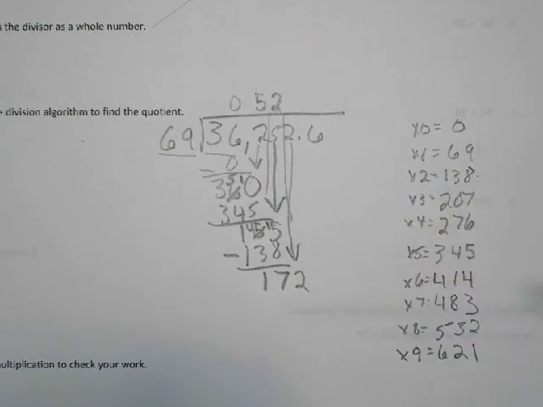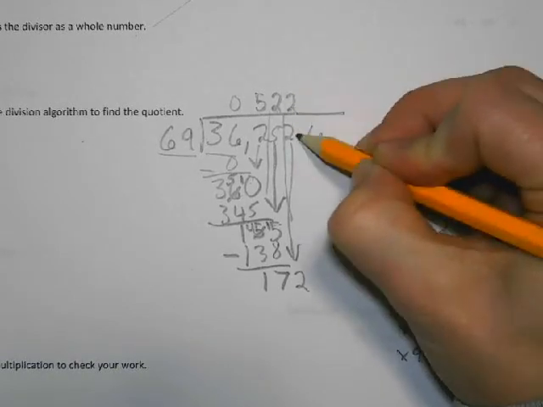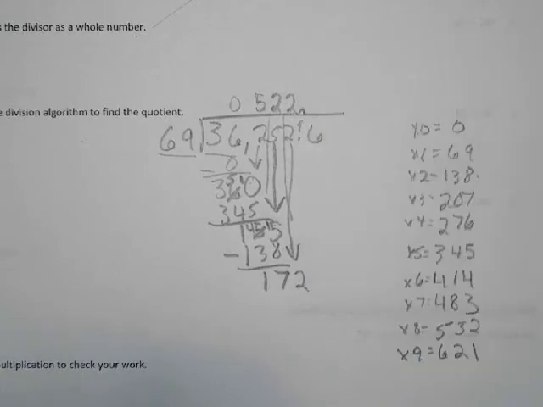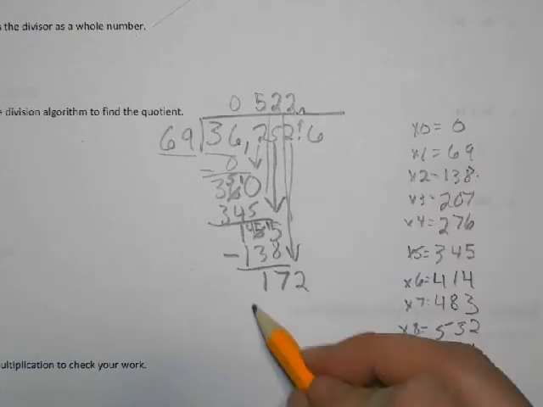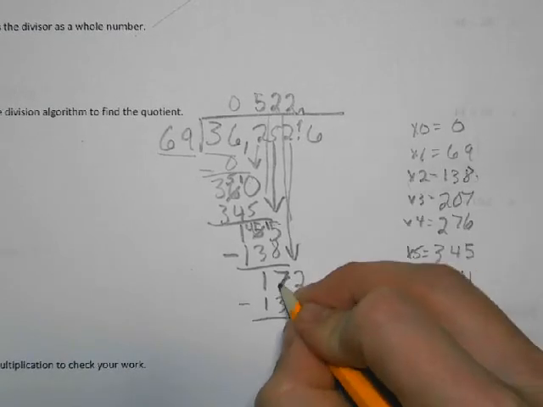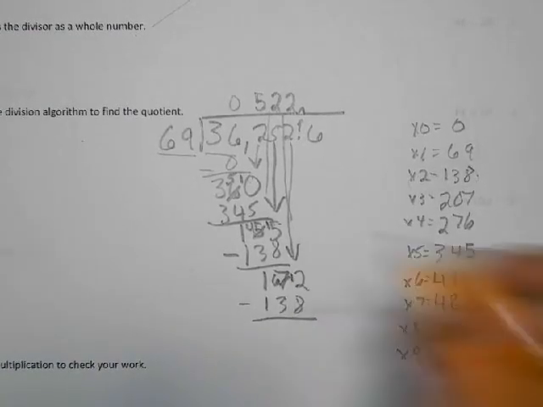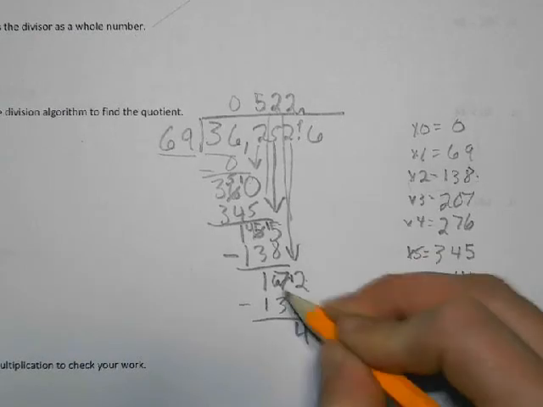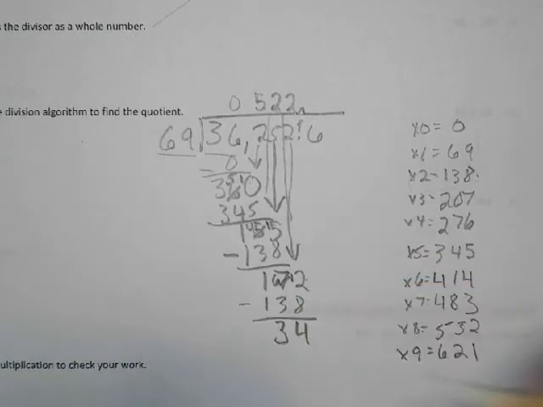That's 172. I look over here. What's the closest to 172 that I can get without going over? And that's right here, the 2. My decimal goes straight up. I don't want to forget to put that there. And now I have to subtract my 138. I have to borrow. That becomes a 6. That's a 12. 12 minus 8 is 4. 6 minus 3 is 3.